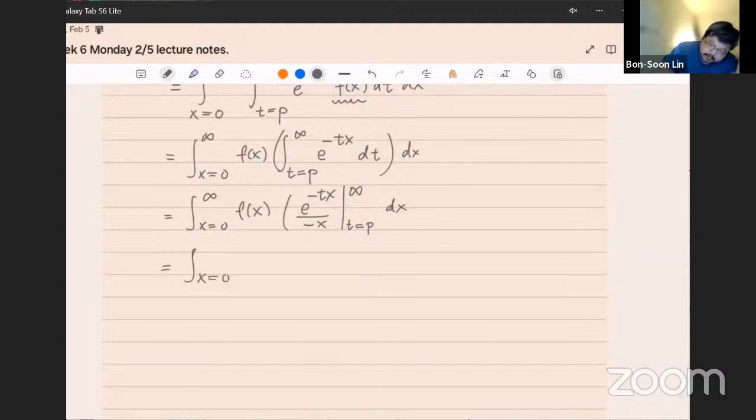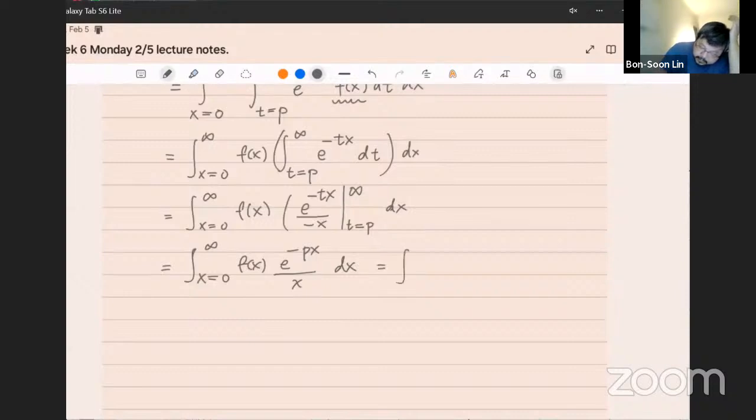So this is f of x times, when t is infinity, this number is 0, because x is positive. Minus, when t is at p, it's minus e to the minus px divided by x. The double negative cancels because we're subtracting the lower bound, dx.